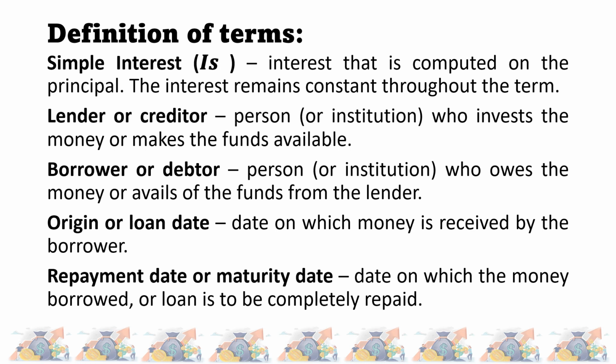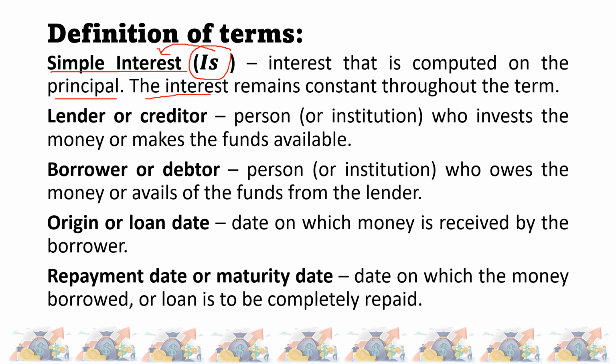For simple interest, we use I sub s to represent your simple interest. It is an interest that is computed on the principal. Meaning to say, your simple interest will be based on the principal.